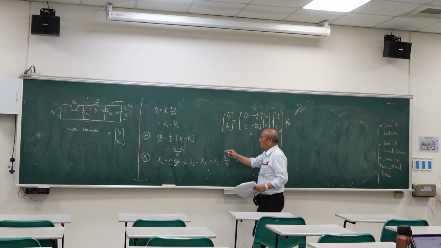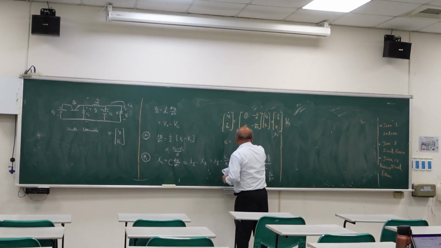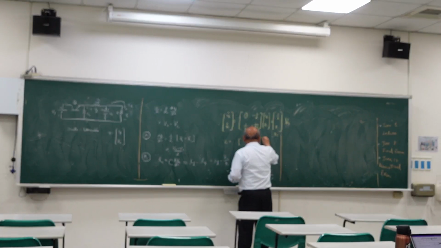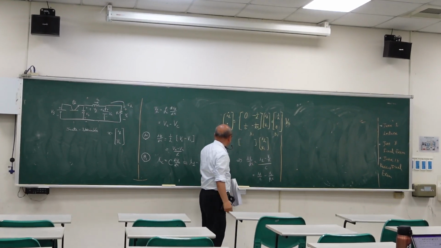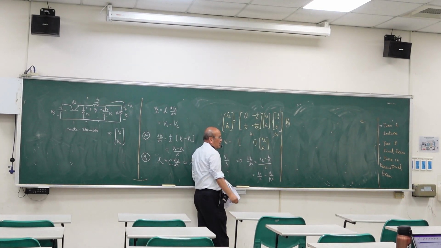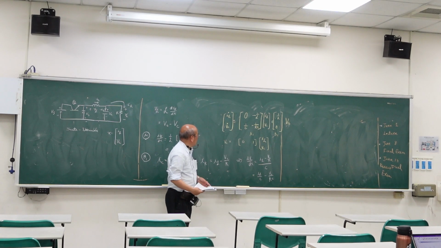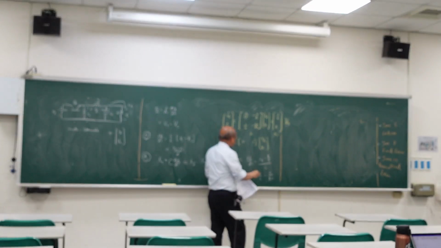How about the output? The output is Vc. So Vc equals CX: Vc equals Vc, this should be 1, and how about this one? 0. So we finish.